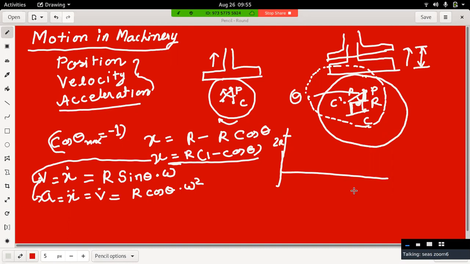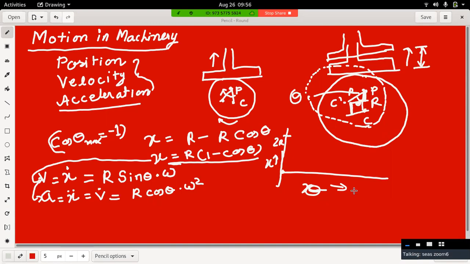When theta is 0, cos theta becomes 1. So distance becomes 0. I'm just plotting theta versus x. Theta is here and distance is here.